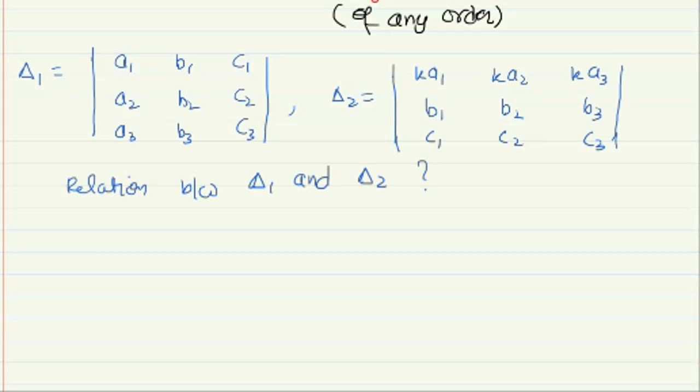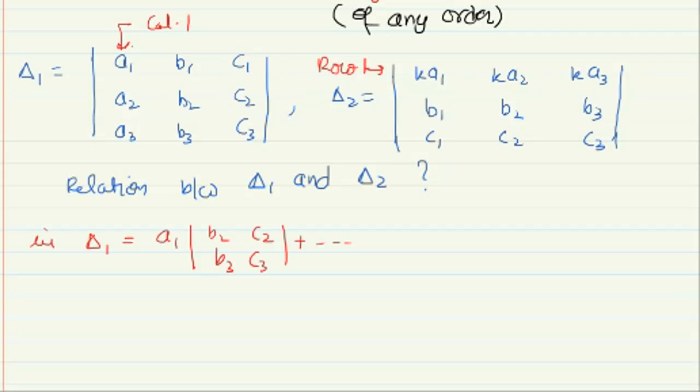Just expand delta 1 along column 1, and expand delta 2 along row 1, right? In delta 1, the expansion will be a1 times b2, c2, b3, c3, and it will go like that.